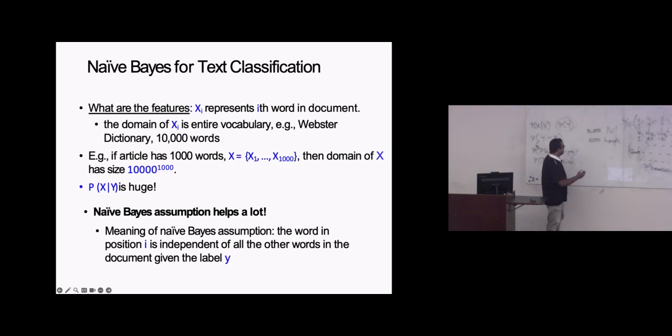Think about this. You have a 1,000-length document, with positions 1, 2, 3, 4, 5, and so on. For the first position, how many values are possible? 10,000.